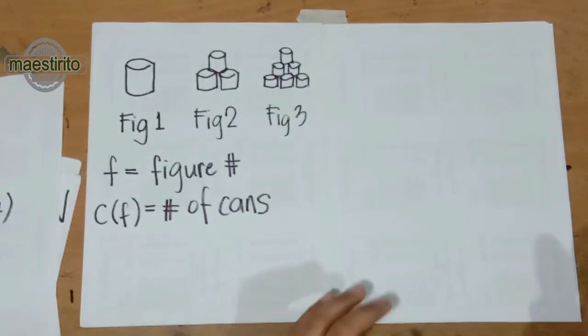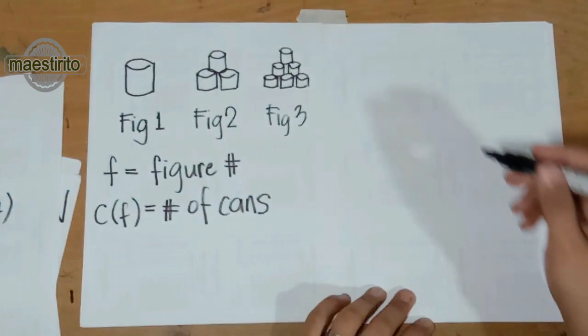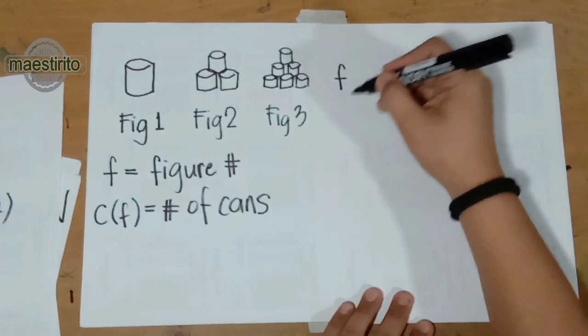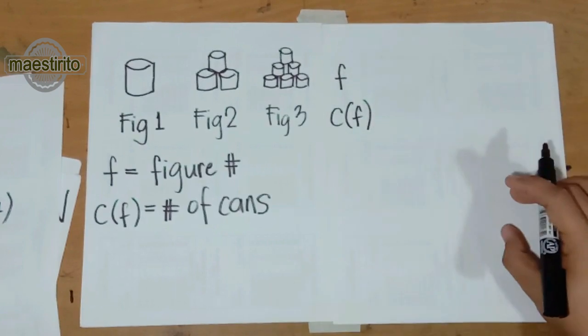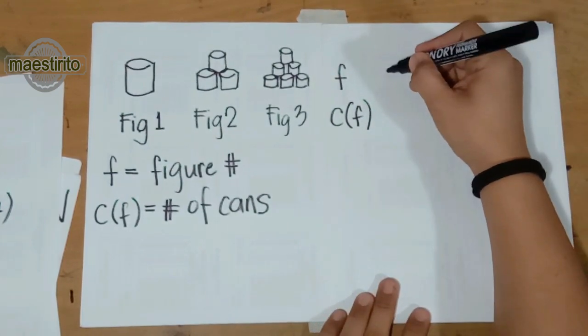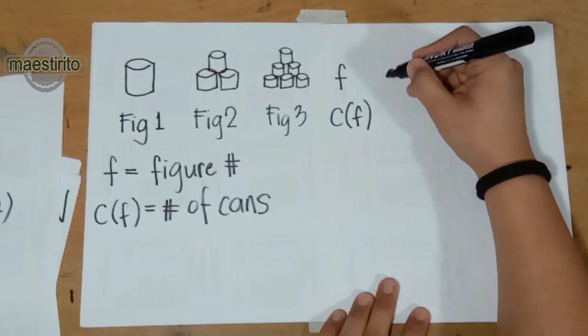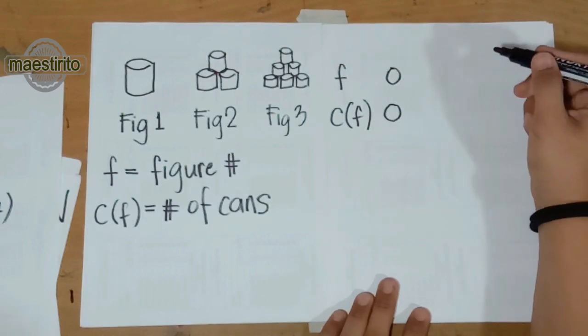So let us now construct a table of values. So for f, figure, and C of f, the number of cans. For figure 0, of course, if you have a zero figure, there will be no can.